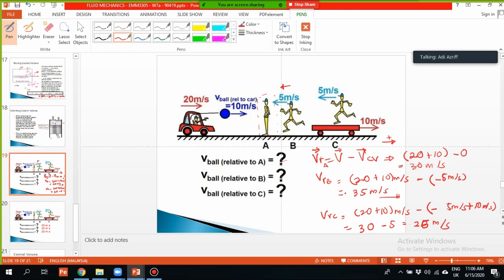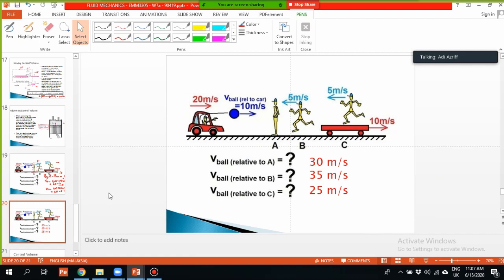So the total velocity of the ball acting towards this person is 35 meter per second. But for the third one, even though he moved to the left at 5 meter per second, the roller moved to the right at 5 meter per second. At the end, it will be 5 meter per second towards the right. So the velocity is 30 minus 5, which is only 25 meter per second. This means the impact velocity toward this person is less than the impact velocity towards person B. This is the concept.